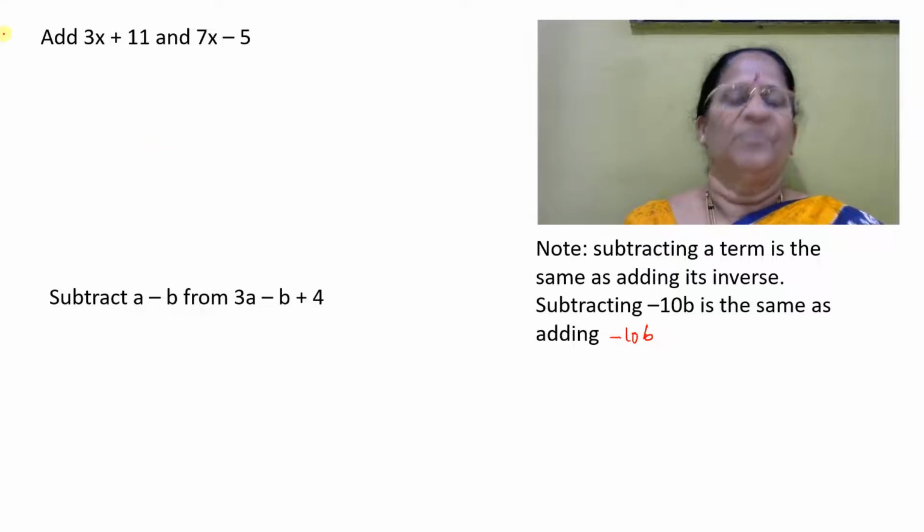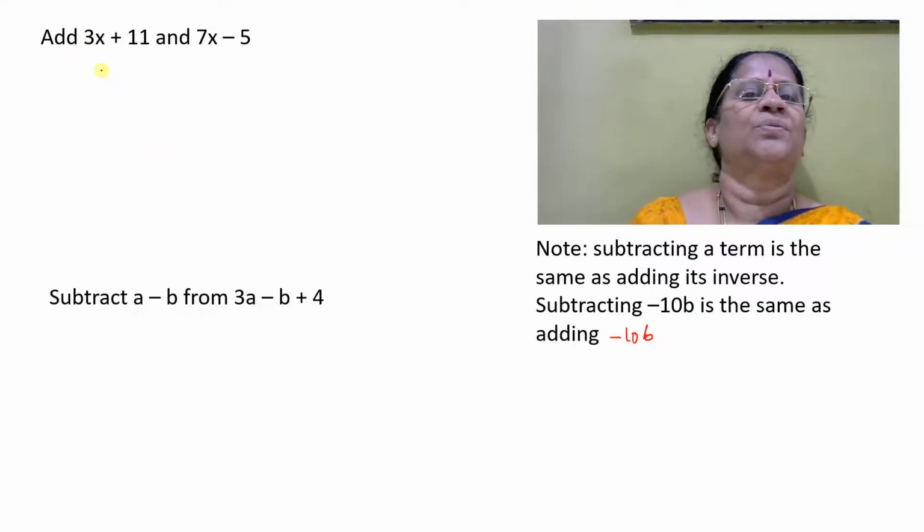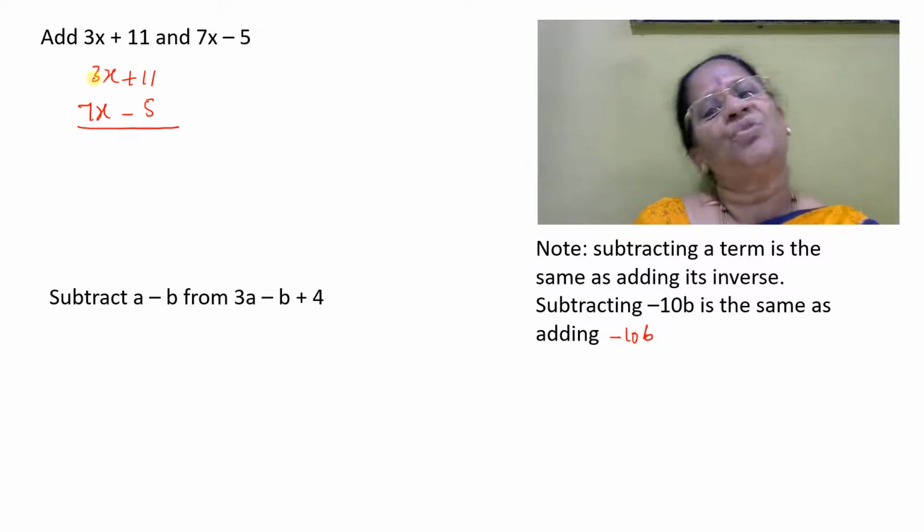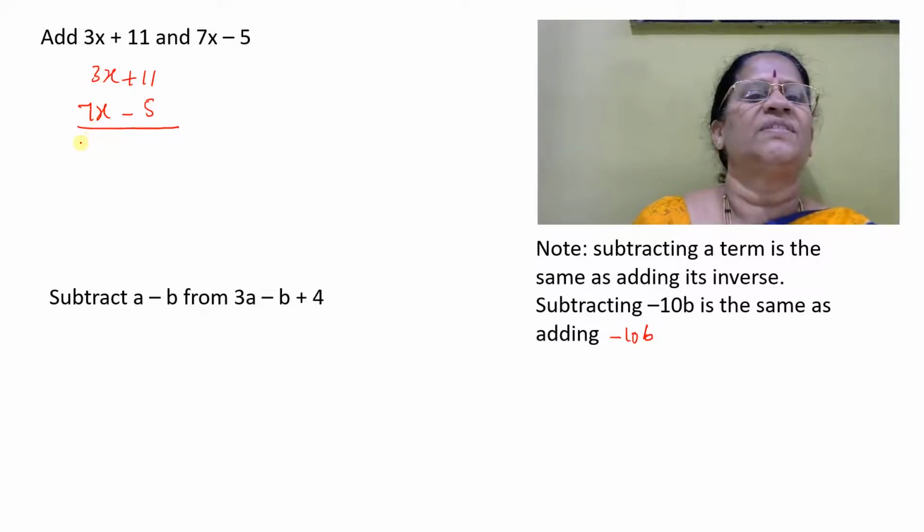Okay. Now, let us add these two: 3x plus 11, 7x minus 5. While adding, you have to just add them. You are adding like terms, so you have to add the coefficients. 3 plus 7 is 10x.